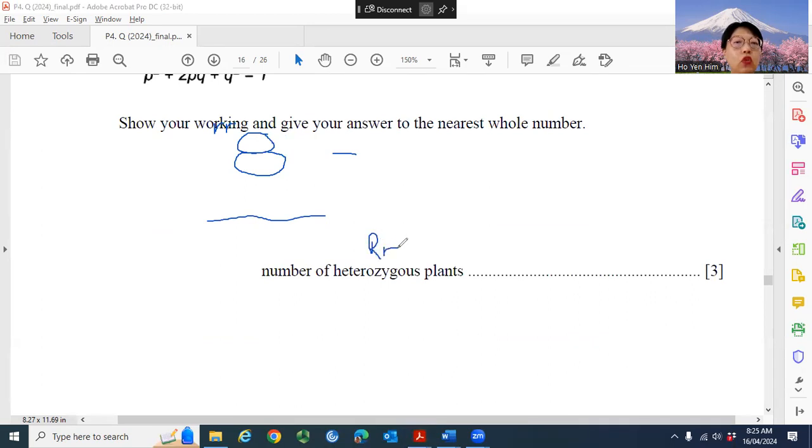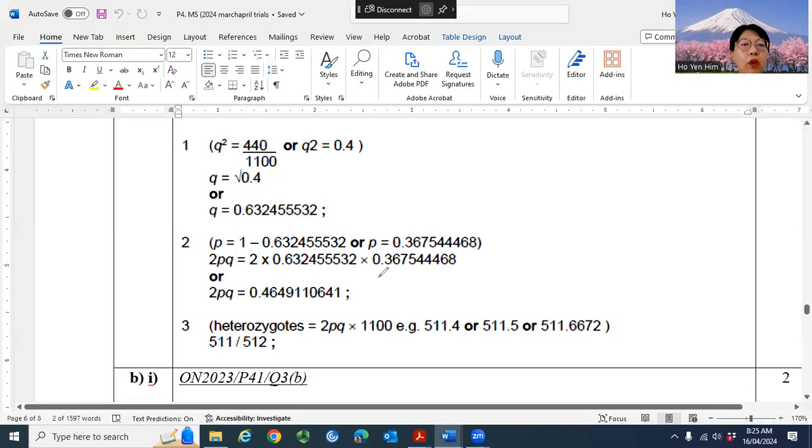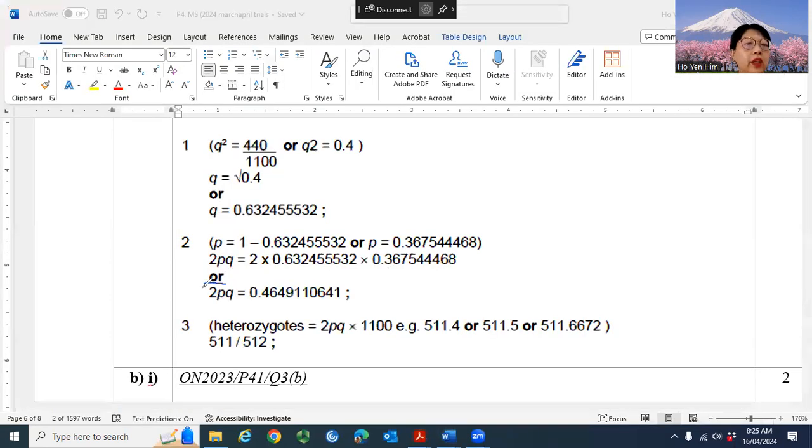So you only want to know big R, small r. So the big R, small r is represented by 2pq. 2pq is the frequency of big R, small r. So students should show that to find out the number of heterozygotes, you need to calculate 2pq first and then convert to the numbers.